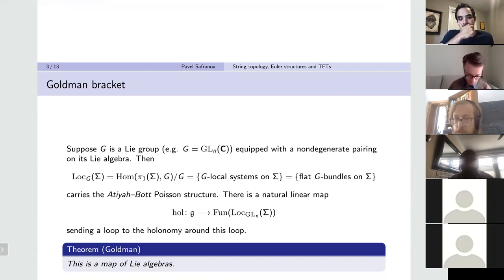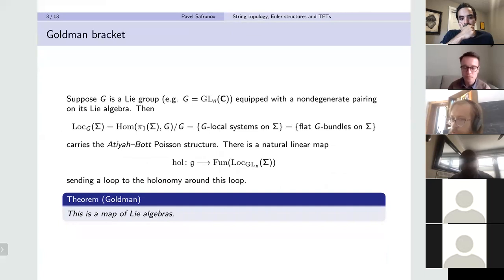Okay. Pavel, do you know if this map is one-to-one? No, it's far from one-to-one. So you should think about the left-hand side as kind of, sorry, yeah. You can look at something silly like n equals 1.